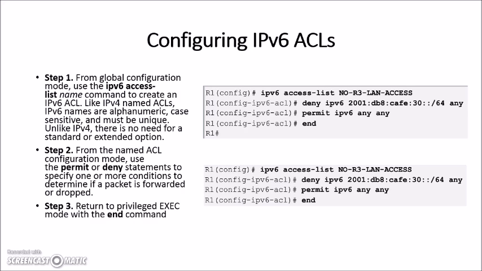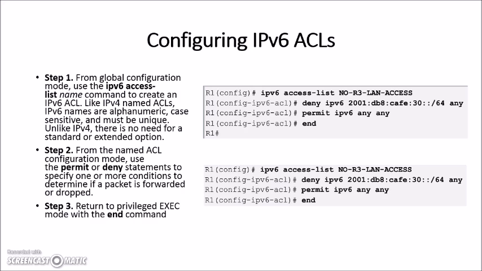In this sample, you can see how to configure the IP version 6 ACL. For the first step, in global configuration mode, use the ipv6 access-list name command to create an IP version 6 ACL, like IP version 4 named ACLs. IP version 6 names are alphanumeric, case sensitive, and must be unique.